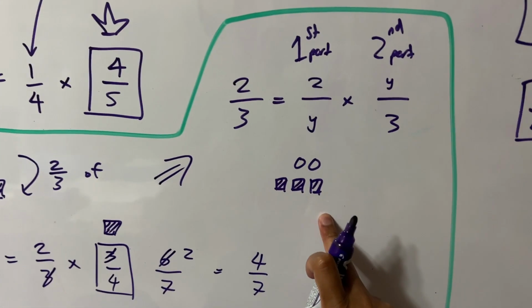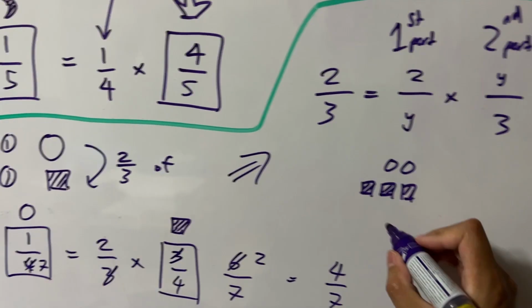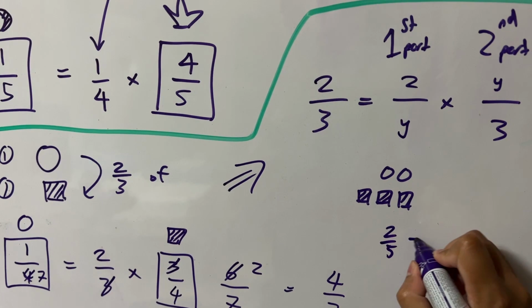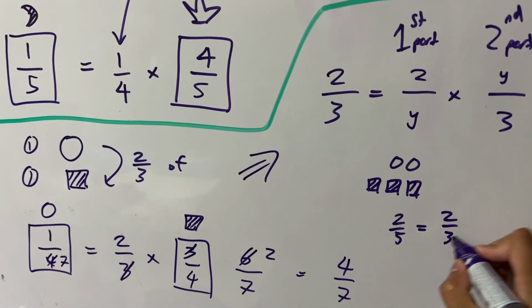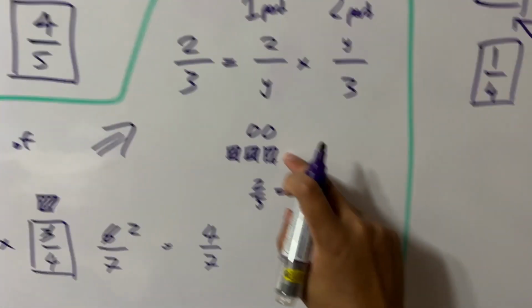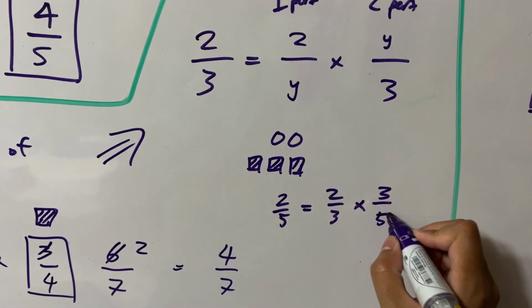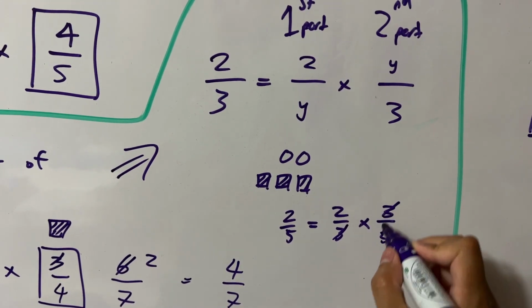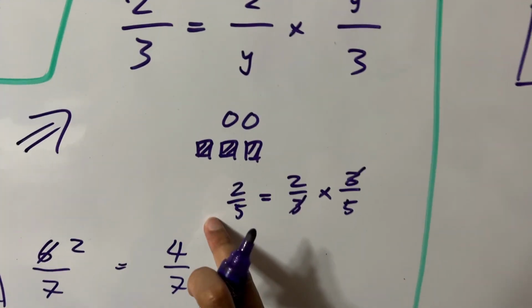So now the probability of getting a circle is 2 out of 5. It is 2/3 the probability of getting square. Square is 3 out of 5. So if we cancel this out, we get 2 over 5 is equal to 2 over 5.